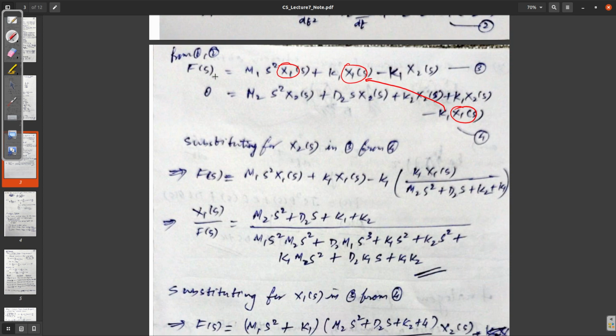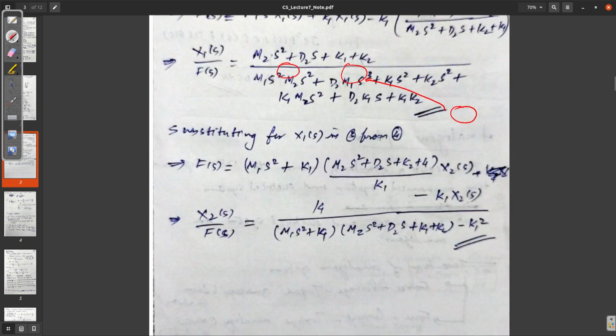Then we have F(s) equal to a function of x2, right? That is what we have done here. And finally we have found x2 by F, that is our second transfer function.